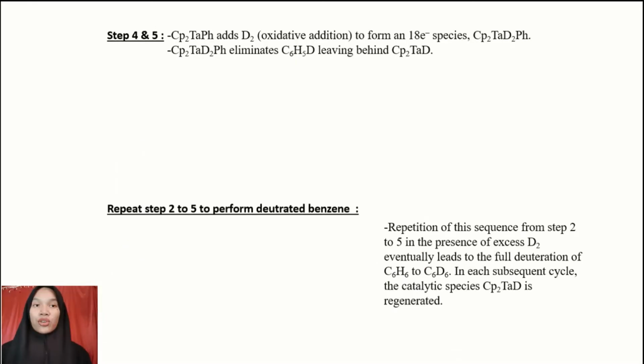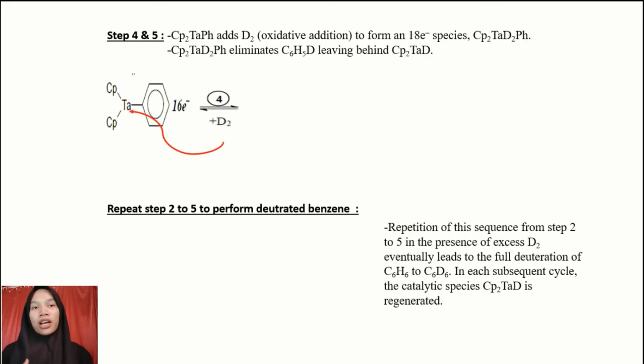For the fourth step, the 16-electron Cp2TaPh is added to by 2 atoms of deuterium, which is called oxidative addition. This process forms an 18-electron species, Cp2TaD2Ph.